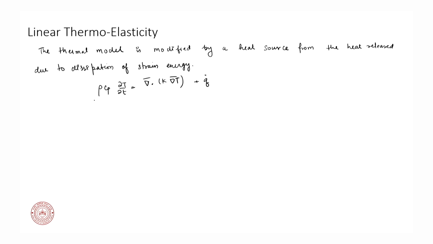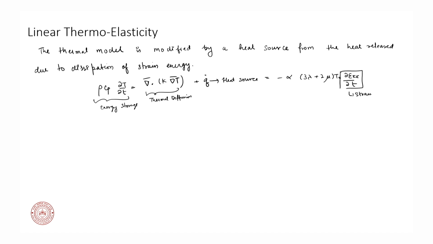So we had this energy storage term, we have this thermal diffusion term, and then we have this heat source, and this heat source is where we can modify, and this will be equal to minus alpha (3 lambda plus 2 mu) T0 del epsilon kk by del t. So this is our strain rate, or the rate of change of strain with time.